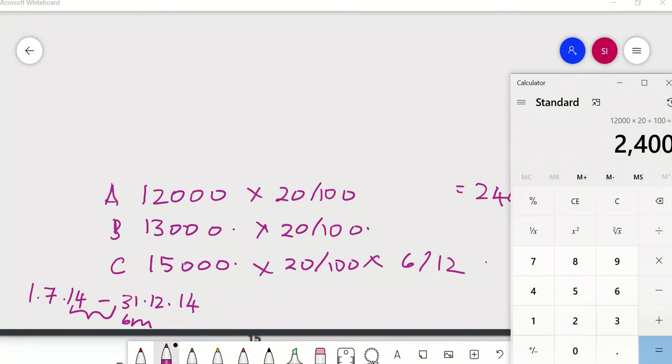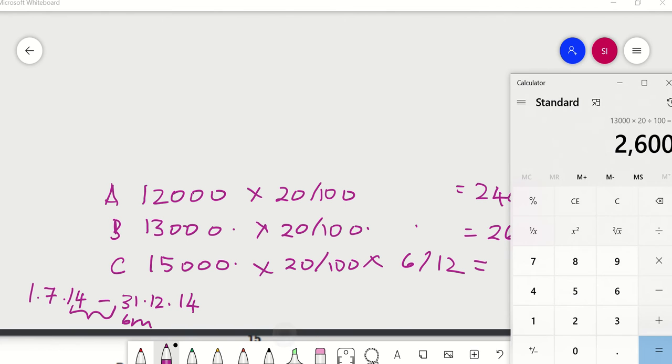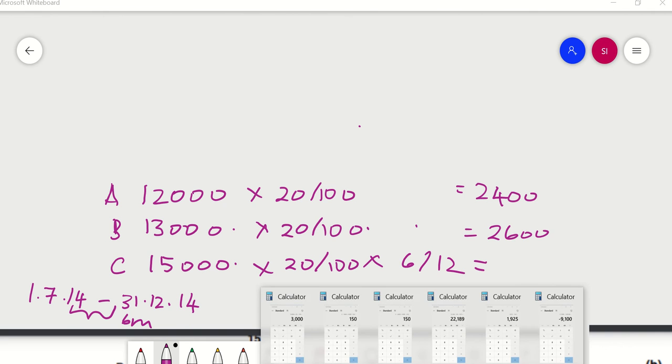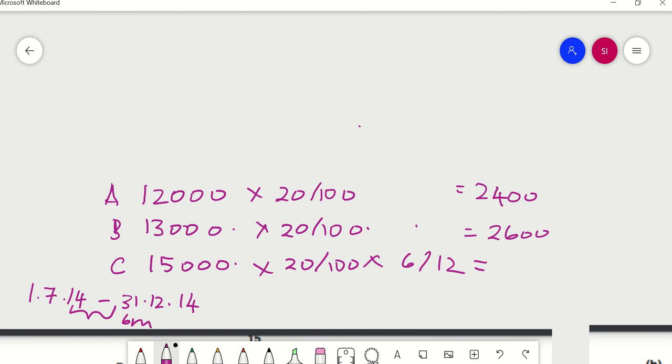Whereas for the second one, which is 13,000 into 20 divided by 100, which is 2,600. Whereas for the last one, 15,000 into 20 divided by 100, which gives 3,000. However, you have to find only for 6 months, which is 6 divided by 12, therefore 1,500.